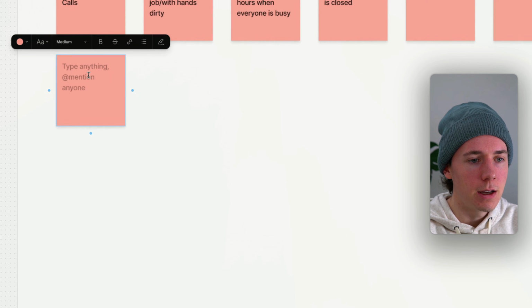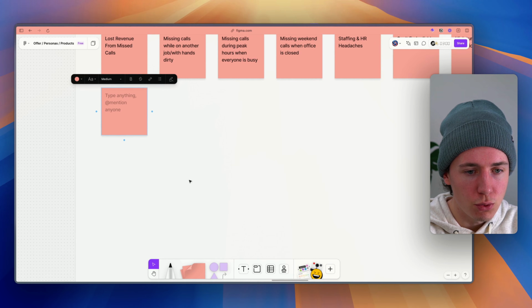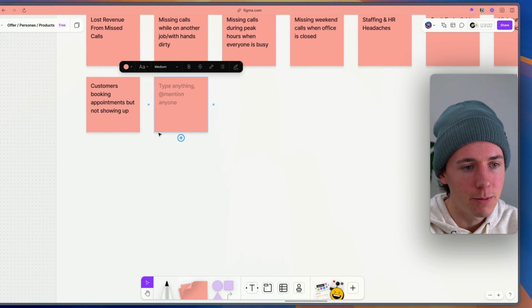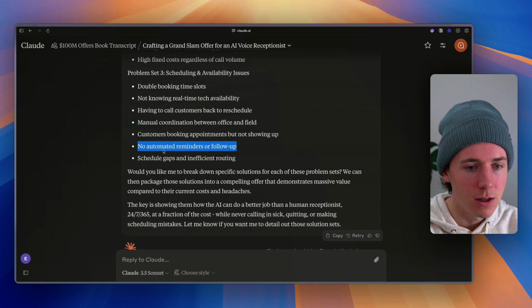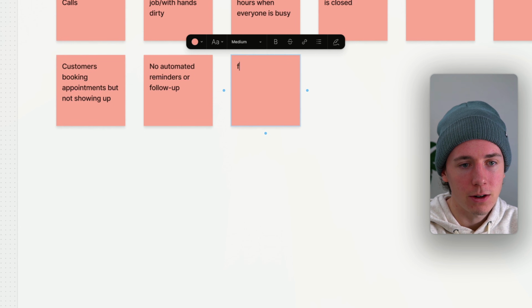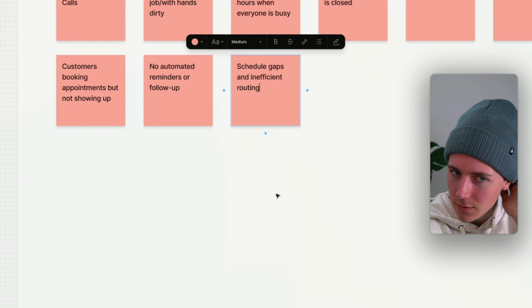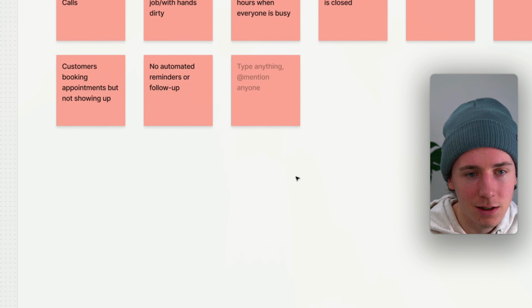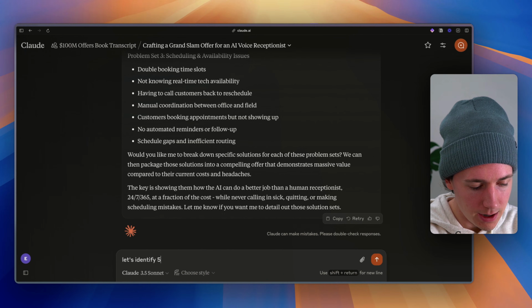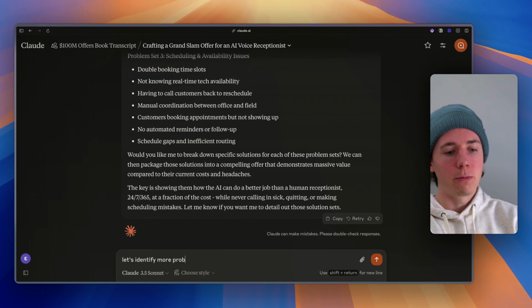All right, and then the next thing: customers booking appointments but not showing up. This would be the automated follow-up system. No automated reminders, schedule gaps, inefficient routing. That's not really, what even is that? Let's identify more problems.